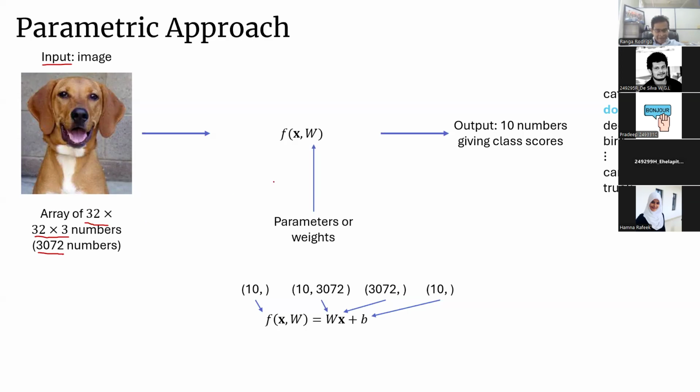Then what we do is we feed that image to a so-called scoring function. This scoring function will give a score to this image. We call this our X image. Later on I will get rid of this vector notation, that is X. And this has weights or parameters, weights.